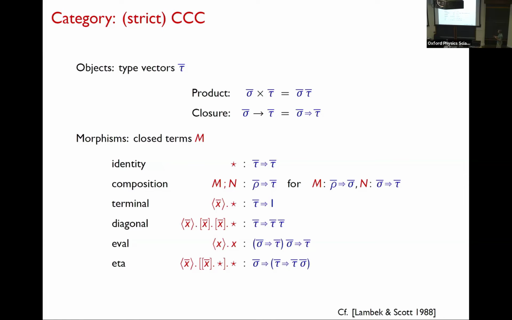So we have a Cartesian category if we restrict it to a first order calculus, and evaluation and eta are these terms. So these take a variable, and so they take something from the stack and evaluate it. That's eval, and this one takes a bunch of inputs and puts them as a vector on the stack.